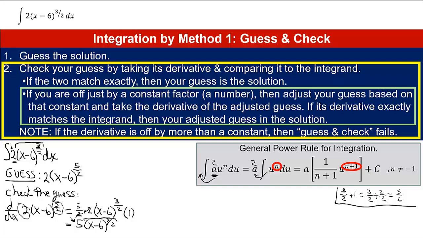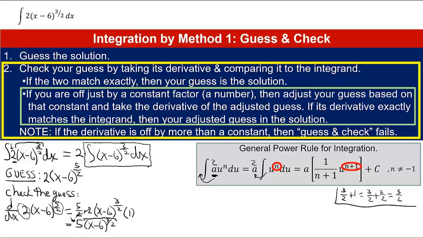So whenever the initial guess doesn't check exactly, but it's only off by a constant, my suggestion is to rewrite that integral with the constant outside of the integral sign before you continue. So what's going to happen is we're just going to leave the 2 and ignore it until the very end. We're going to work the problem without the 2 in there and then multiply our final solution by 2.